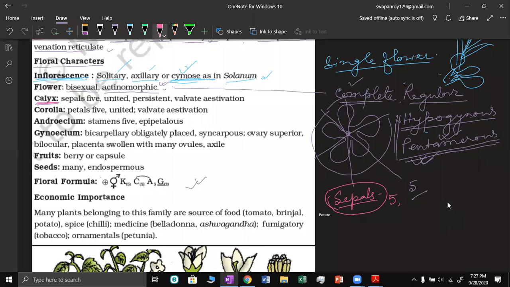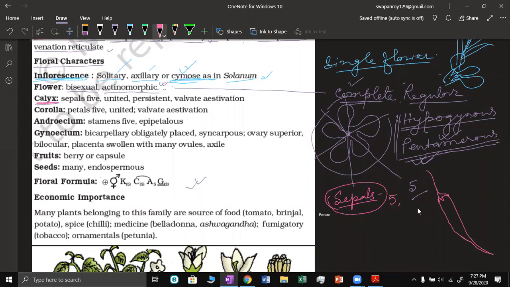Have you noticed the chili you bring home? They have the calyx with their stalk.